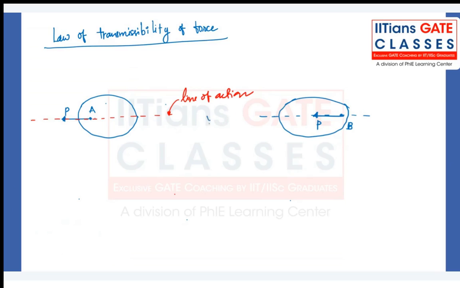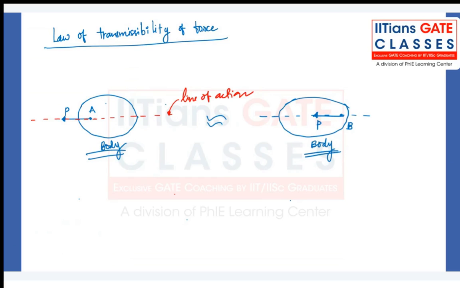Whatever the effect of the force P is creating on this body if you apply force at A, the same effect will be created on that body if you apply force on B, of the same magnitude, provided that it is applied in the same direction and along the line of action. So this is the law of transmissibility of force.